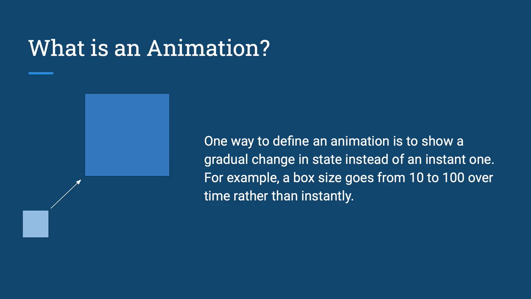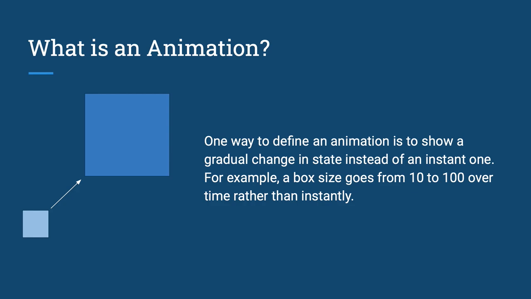So for example, if you have a box that changes from 10 to 100, an animation would change that box gradually from 10 to 100. It would not go from 10 to 100 instantly. It would rather be a gradual change in state of the box size or the box length or whatever, that would go from 10 to 100 over time rather than just going instantly. So that is the basic concept of an animation, a gradual change over a relatively long time.